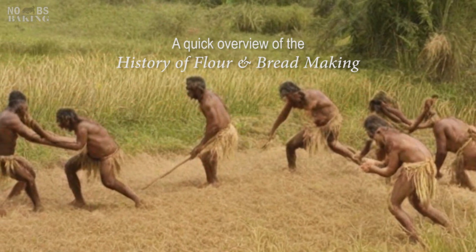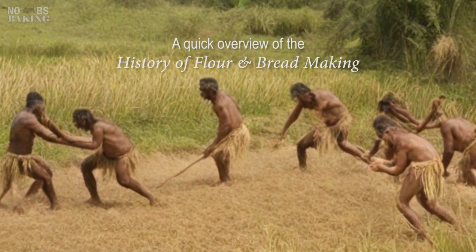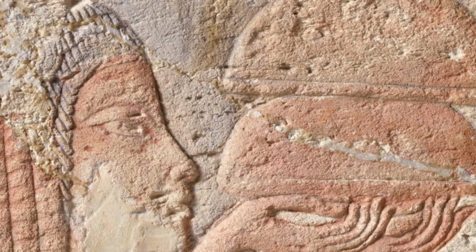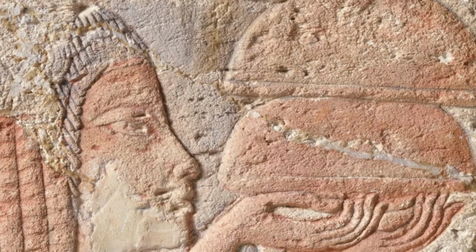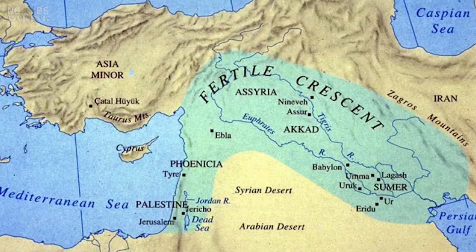Bread flour, a staple ingredient in kitchens around the world, has a rich history that intertwines with the evolution of human civilization. The origins of bread can be traced back to ancient Mesopotamia, around 10,000 BC, where early agricultural societies began cultivating wild grains.